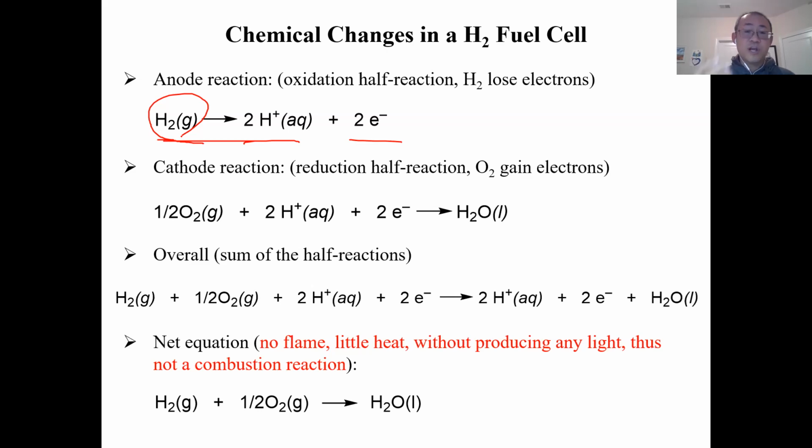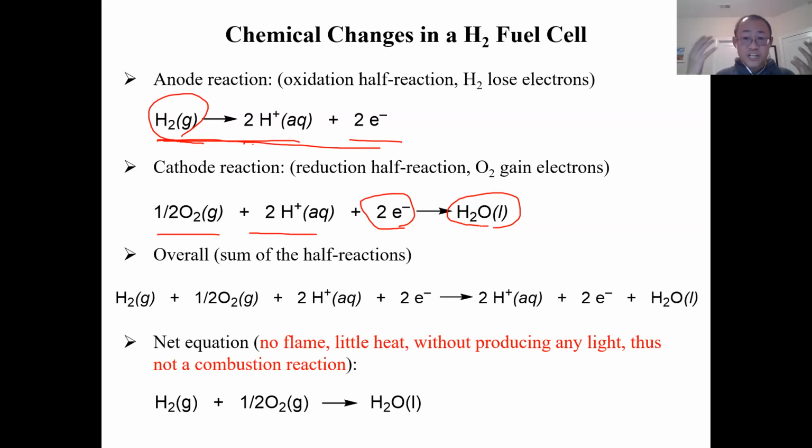Hydrogen loses electrons, so we call that electrode the anode. This is the anode half reaction. On the other hand, the electrons from hydrogen will be gained by oxygen. Meanwhile, the hydrogen ions from the anode will also be present here to combine with the oxygen, gain the electrons, and turn into water.